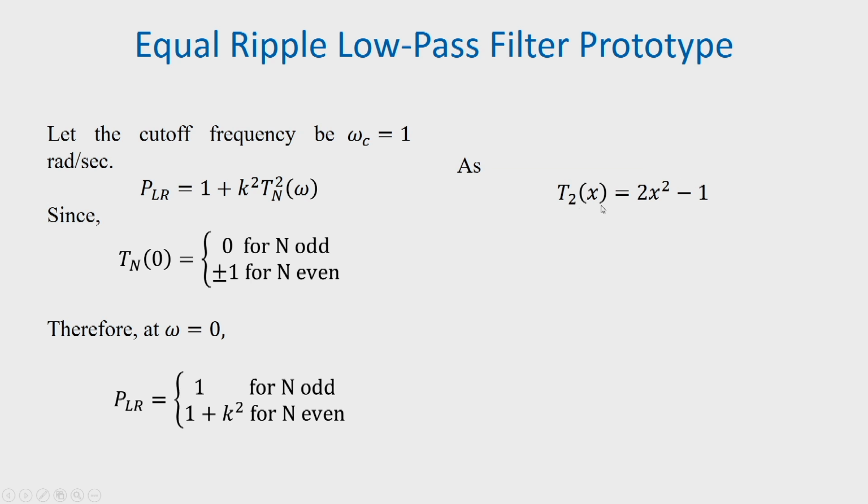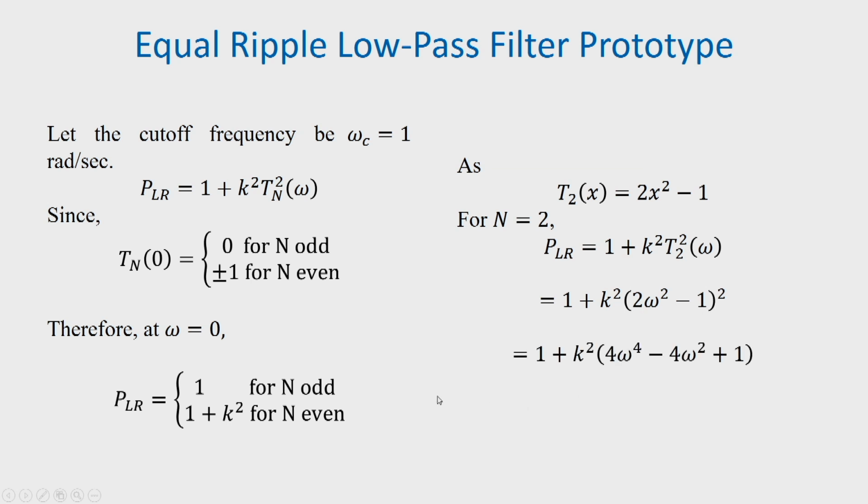We have seen that T 2 x is given by 2 x square minus 1. Now, if we consider n equal to 2, then PLR will become 1 plus k square T 2 square omega, and if we substitute T 2 omega, it will be 1 plus k square 2 omega square minus 1 whole square.